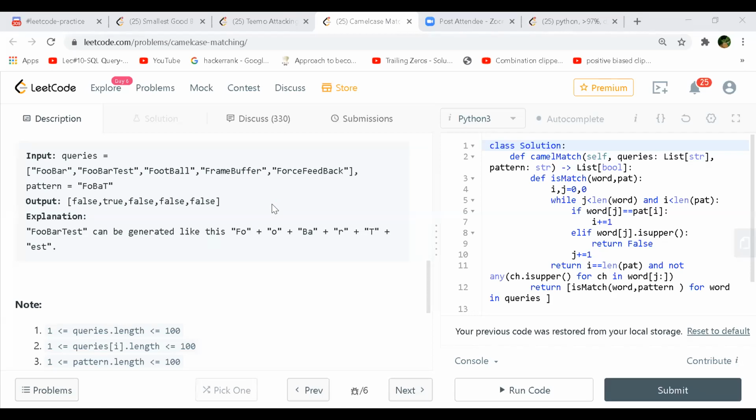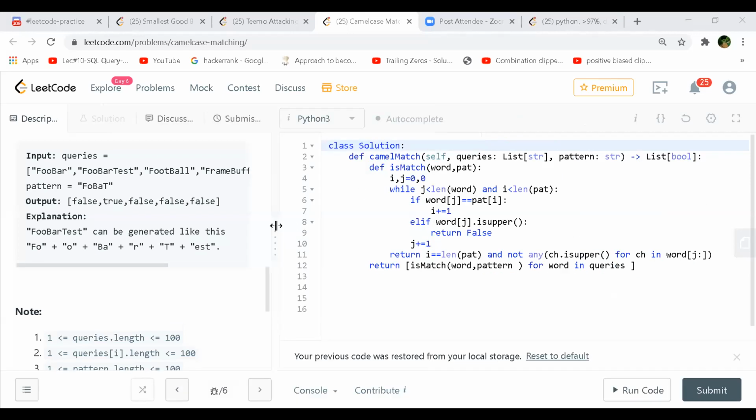If they match, then it's a very inefficient way, but we'll extract the substrings from the next index onwards from both the query string and the pattern string and pass them to the recursive call, till your pattern string becomes empty.